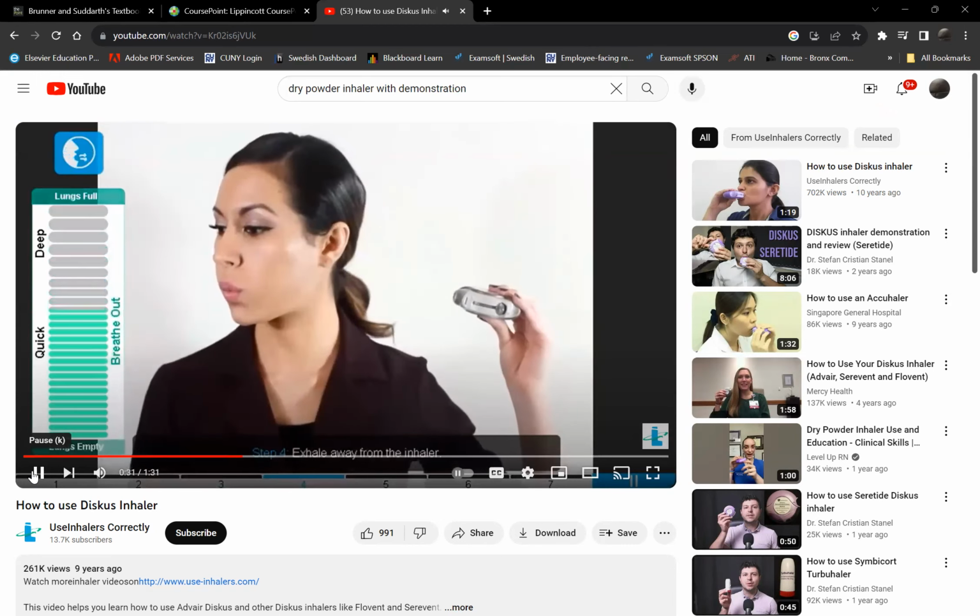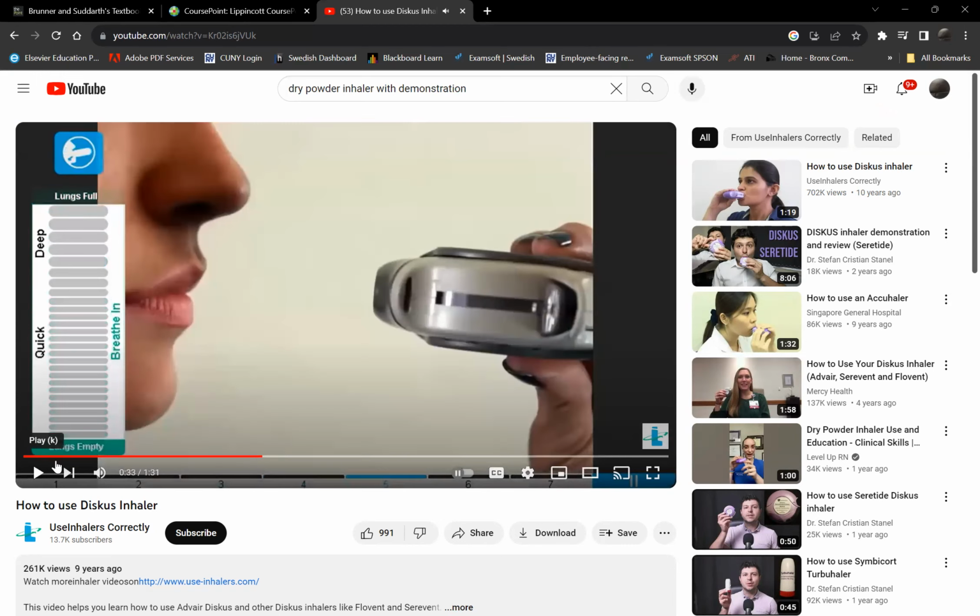Exhale away from the inhaler. It's important, especially with this one, not to exhale into it, because if you exhale in front of the mouthpiece, what will happen? Moisture can enter the canister, and then it will clump the powder. Now when you inhale, you'll choke because you have a clump of powder.